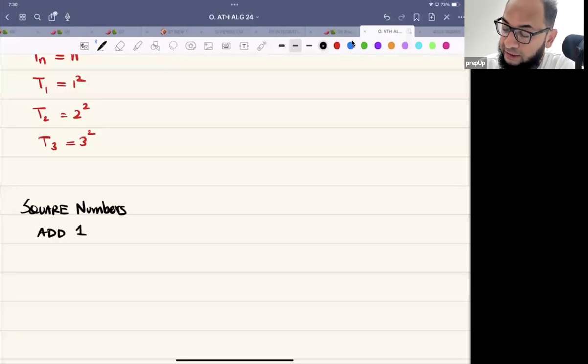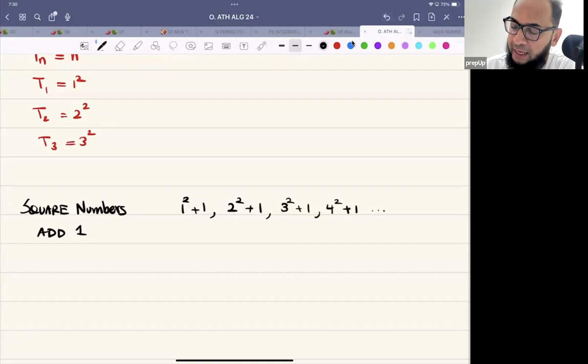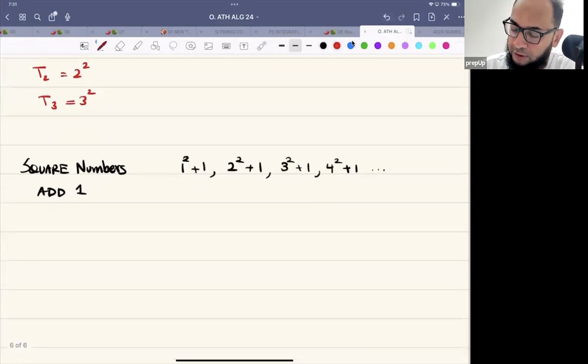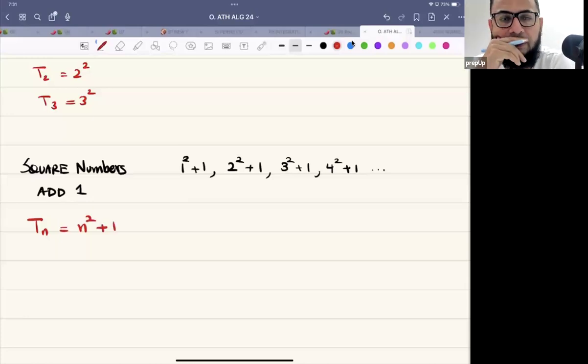So 1 square plus 1, and 2 square plus 1, 3 square plus 1, 4 square plus 1, and so on. We are just adding 1. So therefore the sequence is what? Tn is equal to n square plus 1. That is another sequence. Got the idea?